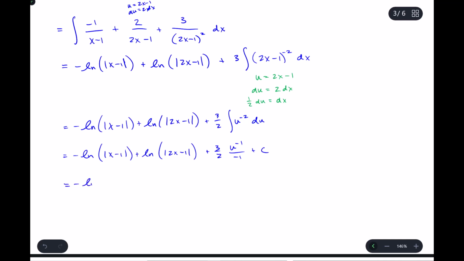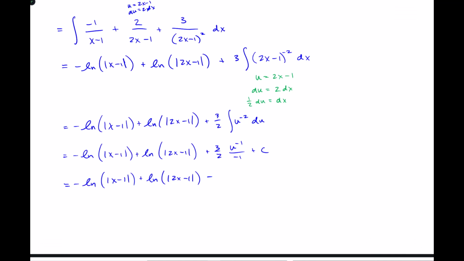And then my final step here, it would be minus, so that's from the negative in the denominator, then 3 over 2 times the value of u, which was 2x minus 1, and then plus c. So a little bit trickier in terms of integrating, but not that bad. And that's effectively what ends up happening anytime you have repeated linear factors.